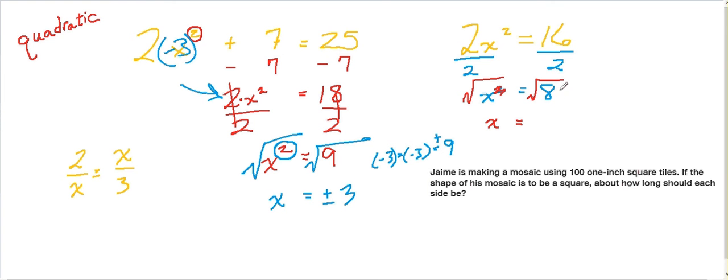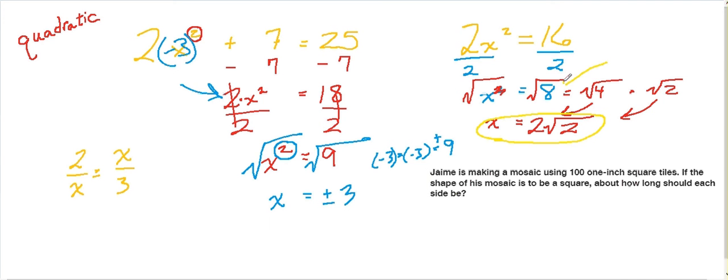No, because square root of 8 is really square root of 4 times square root of 2. So this is 2, and this is times square root of 2. That's a full credit answer. Otherwise, this would be minus half, because it's not reduced, just like a fraction needs to be reduced.